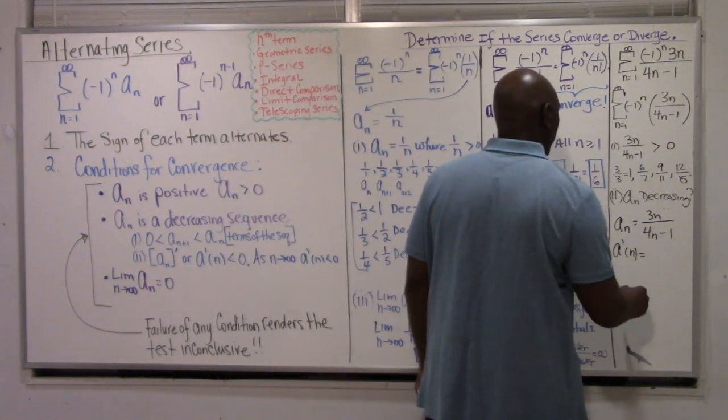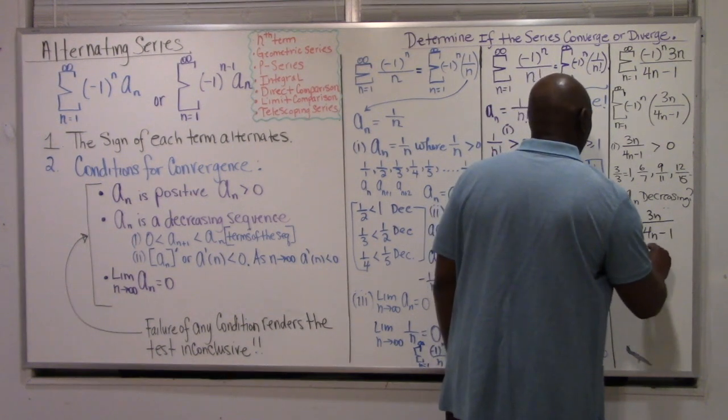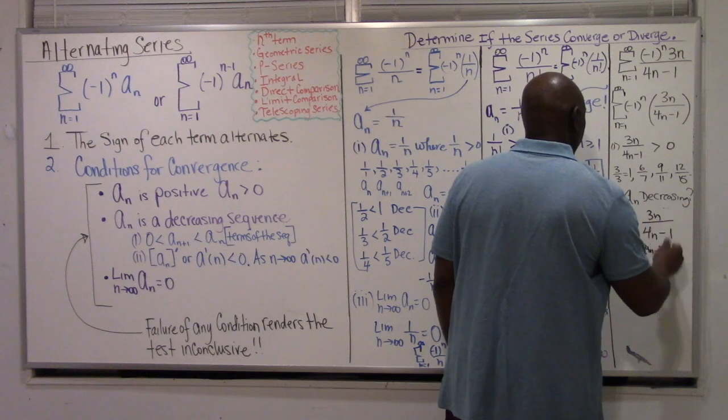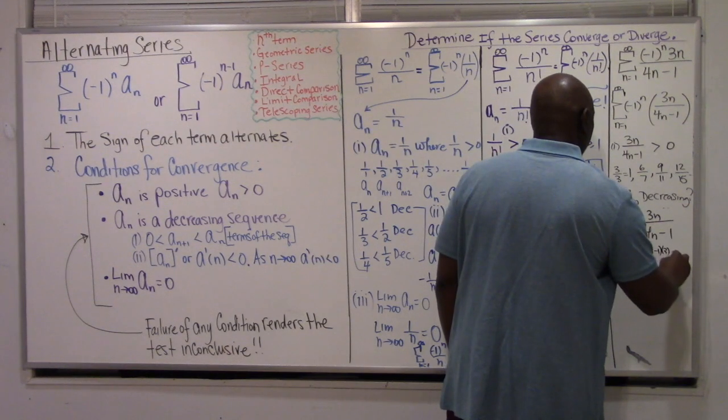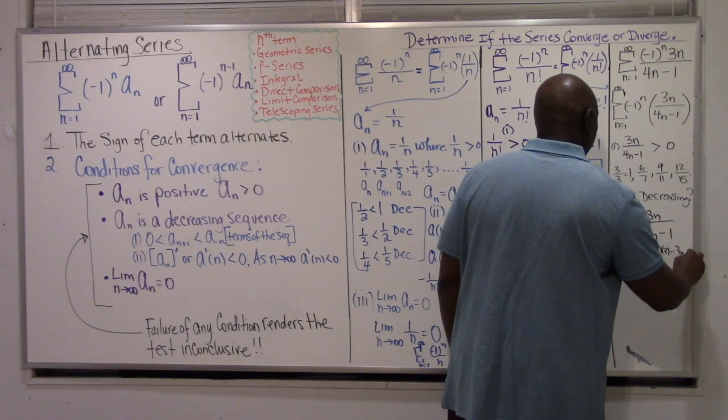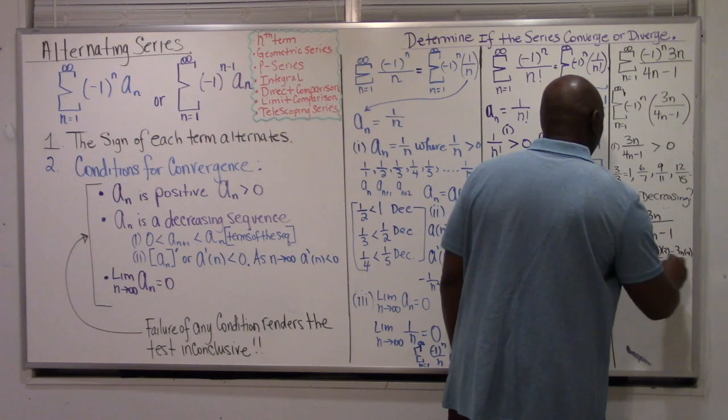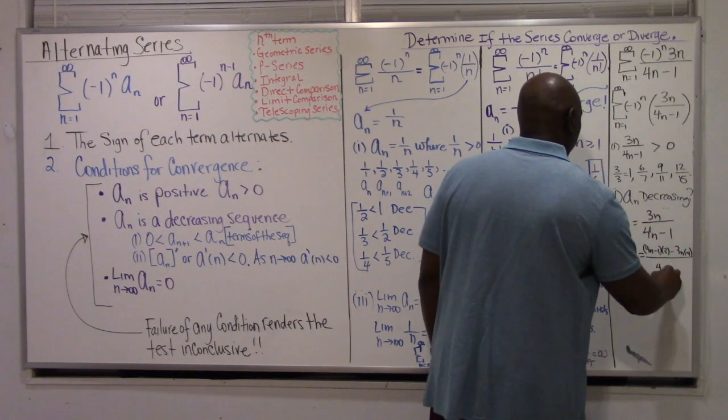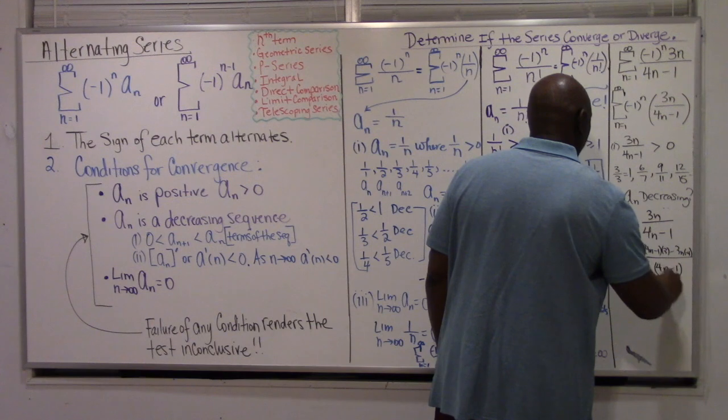My derivative is going to be low, 4n minus 1, times the derivative of the high, which is 3, minus 3n times 4, all over 4n minus 1 squared.